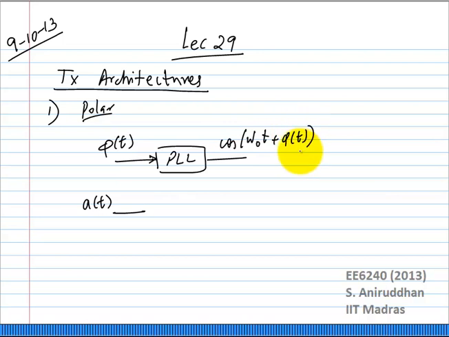So this has already been upconverted to the phase of the VCO, the phase of the PLL output. What next? I need to multiply these two, right? In the polar transmitter, what I actually want is A of t cos omega naught t plus phi of t. That is the output of the overall transmitter.